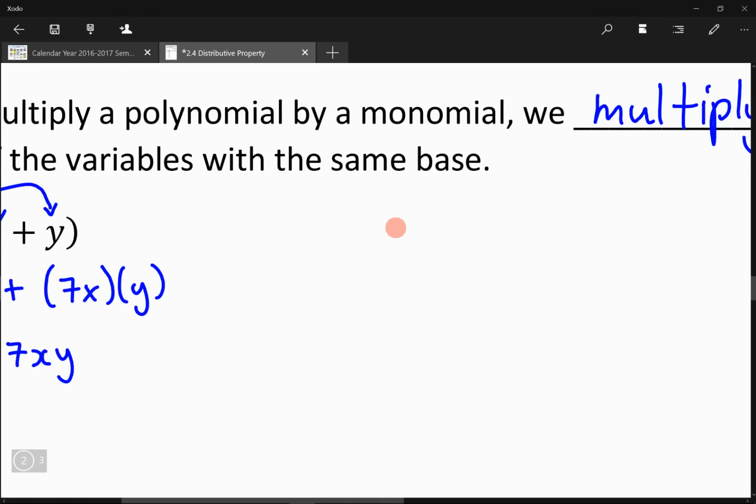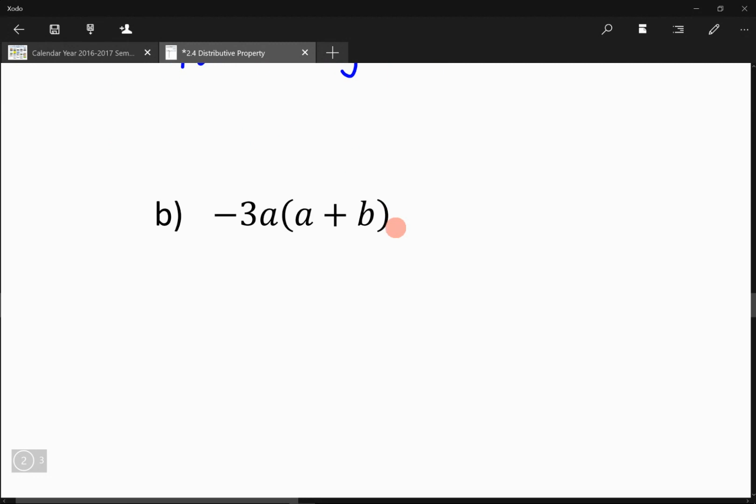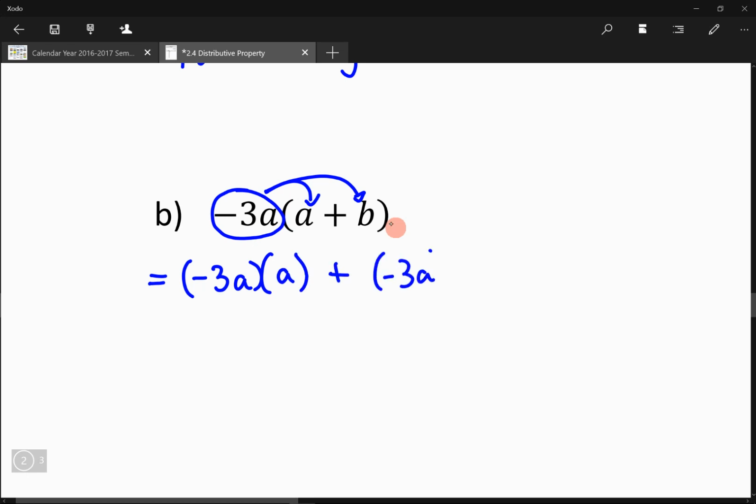Okay. Looking at the next one, part B. So again, take the entire monomial in front of the bracket and multiply it with each term inside the bracket. So here I'm going to have negative 3a times a plus negative 3a times b. So again, when you're doing this, I recommend keeping the terms inside brackets, and you're separating your terms by a plus sign.